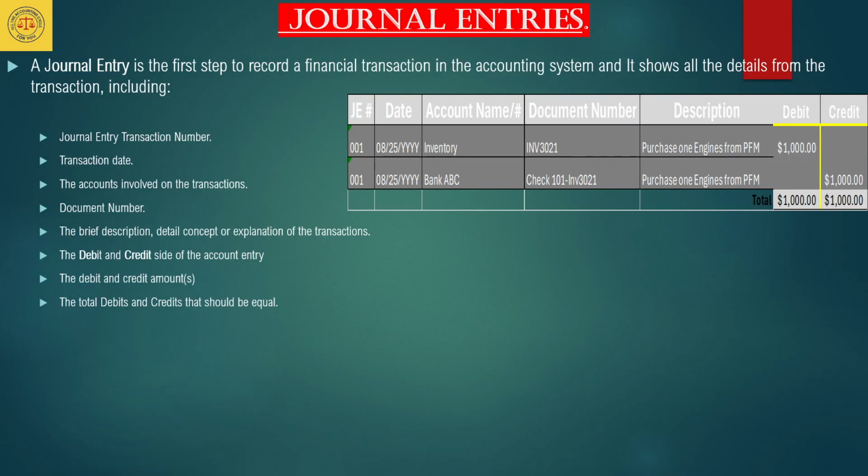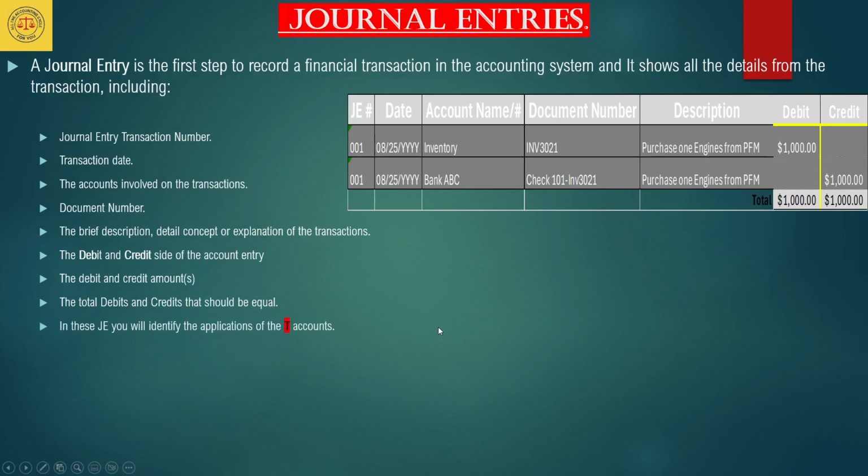You can put just hundreds of entries, but at the end, the total debits should be equal to total credits. So let's review again. So we had a journal entry, we had the date, we had the account symbol, document number, brief description, we had the debits, and we had the credits, right?